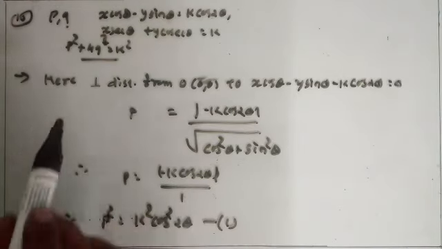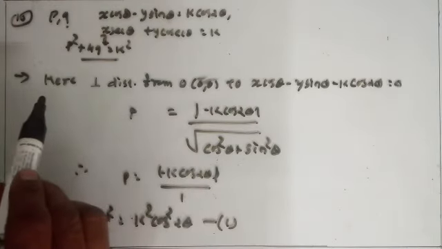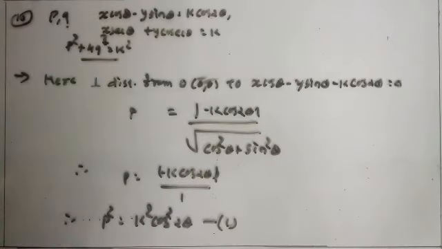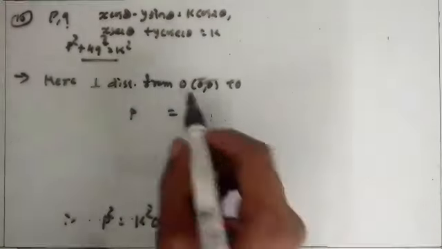Now the perpendicular distance from the origin to the second line is q, as given.